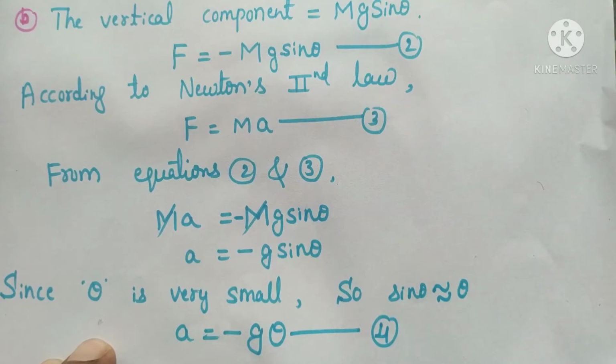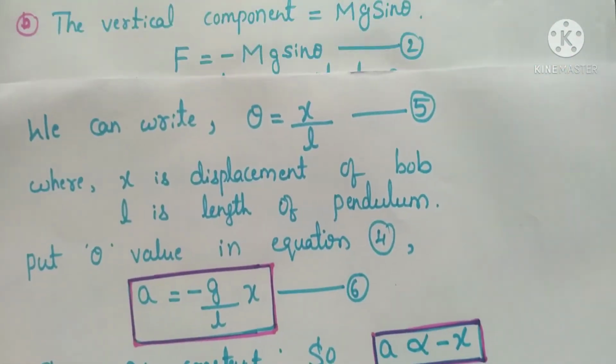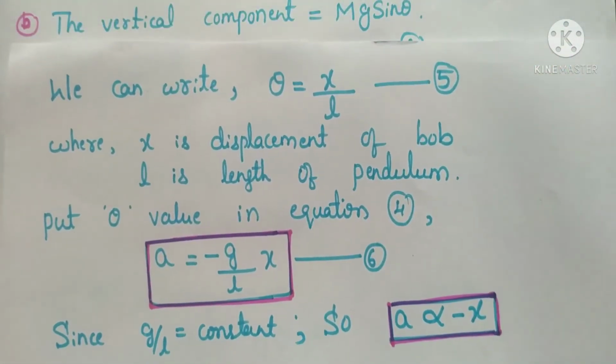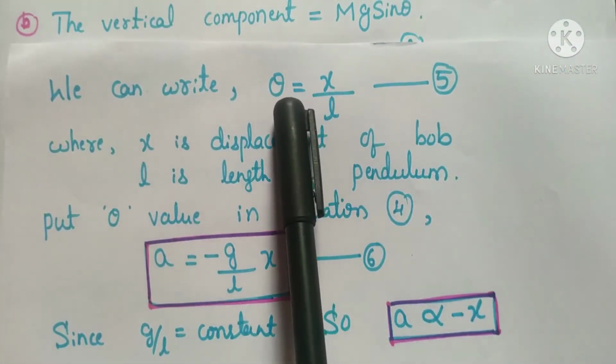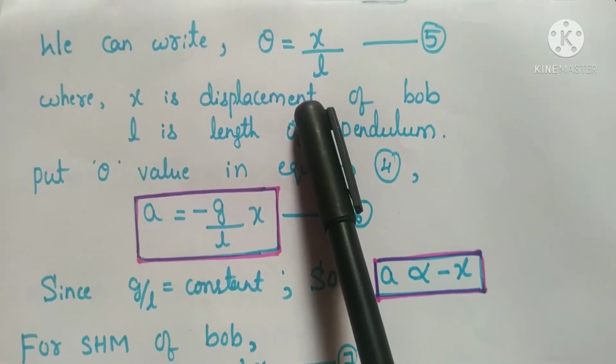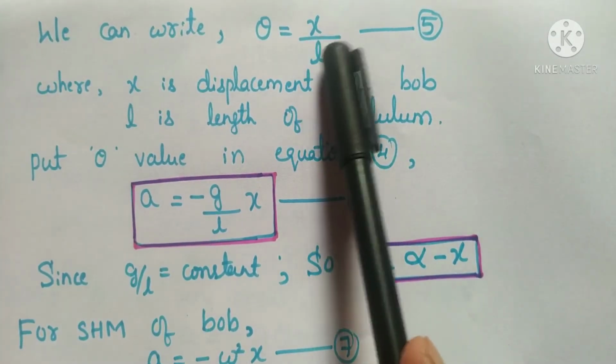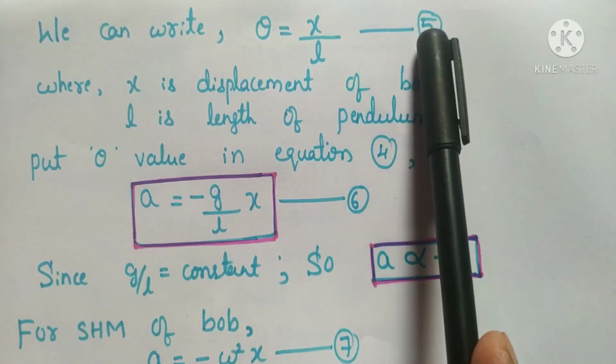Now we can write the value of theta as theta equals x by L, and we'll name this equation number 5.